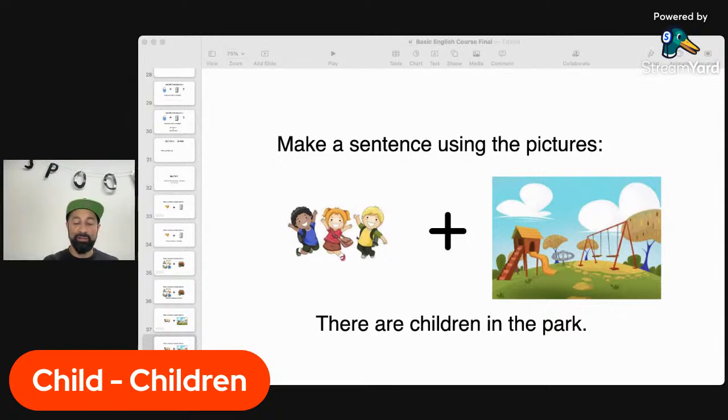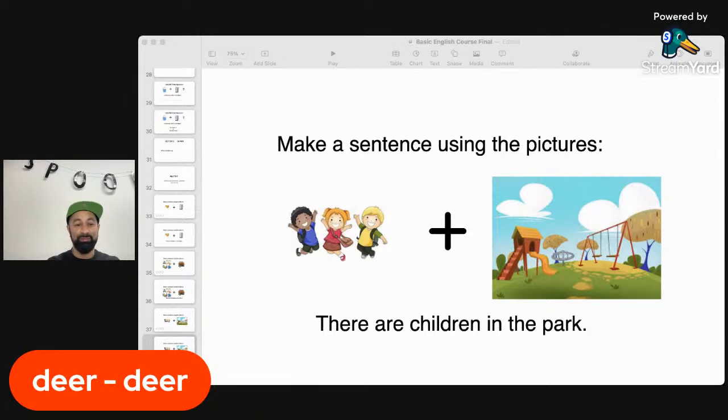They're fun. They're interesting. For example, deer. Deer is a singular noun, but deer is also a plural noun. We never add an S on deer. We don't say deers. We say 5 deer, 6 deer, 7 deer.